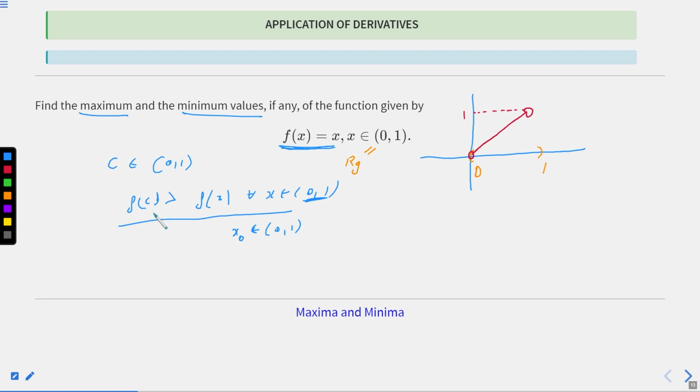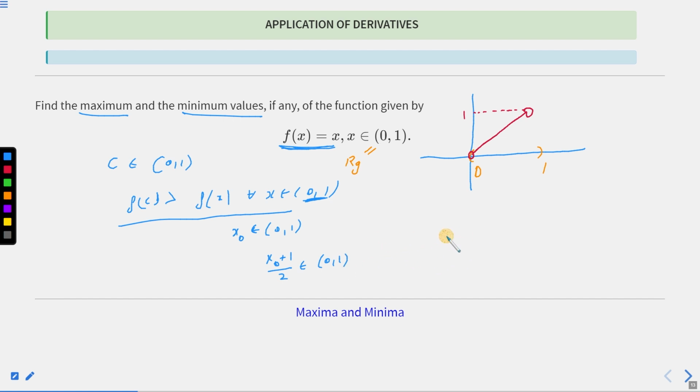I am saying that we cannot have the maximum value. So consider (x naught + 1)/2. As x naught belongs to this interval, x naught + 1 belongs to the interval 1 to 2. As you can see, x naught is less than 1 but greater than 0. If you add 1 to both sides and divide by 2 on both sides, you get that this also belongs to this interval.